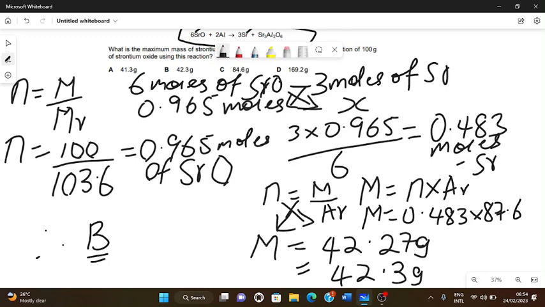Just concentrate on what you're asked to calculate, which is the mass of the reactant and also the product. What is the mass of strontium that you can get from 100 grams of strontium oxide? Just focus on what you are asked to calculate and you get the answer.